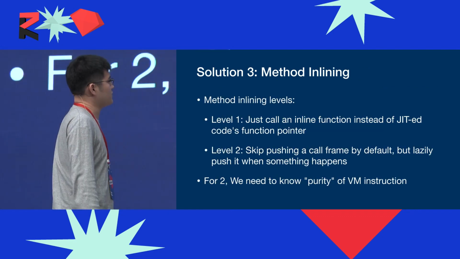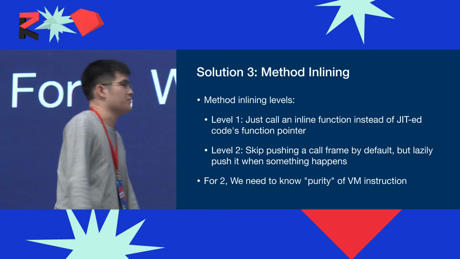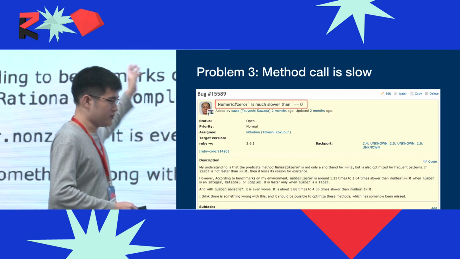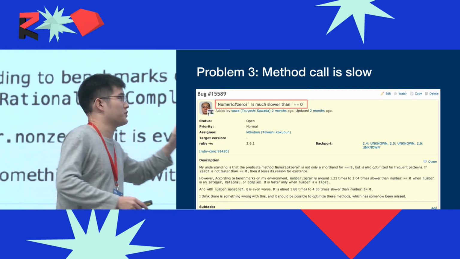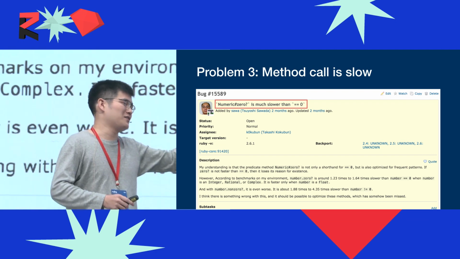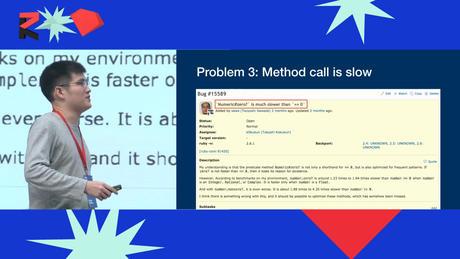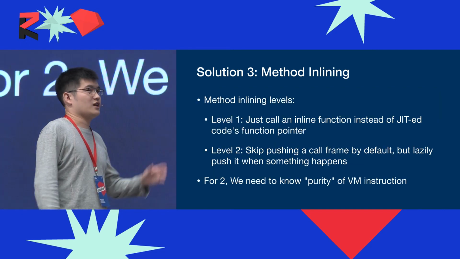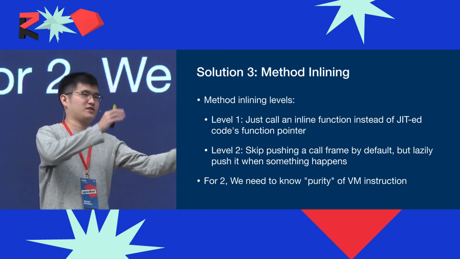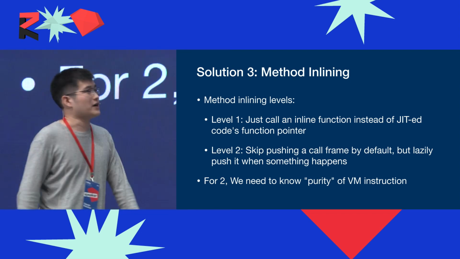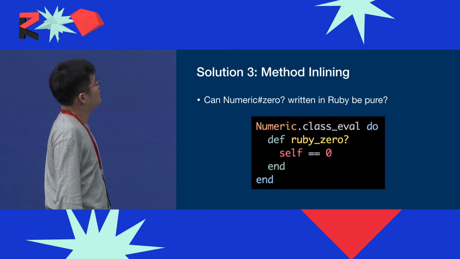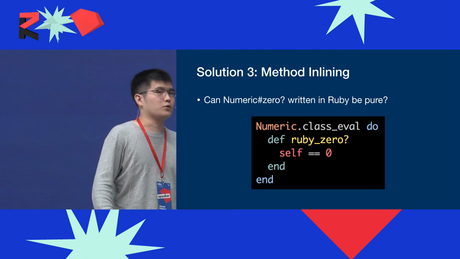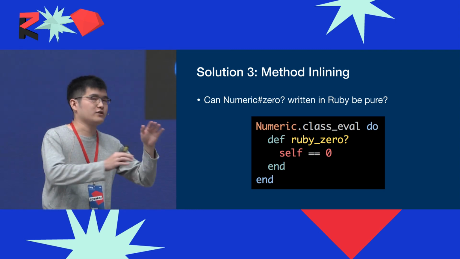And the solution for this problem, for me, was method inlining. By using method inlining, the zero question method call can be simply converted to equal zero, because the definition is kind of the same, or at least the functionality is the same. So with method inlining, the method call overhead just disappears, and this can be faster. Currently method inlining is supported for methods defined in Ruby.